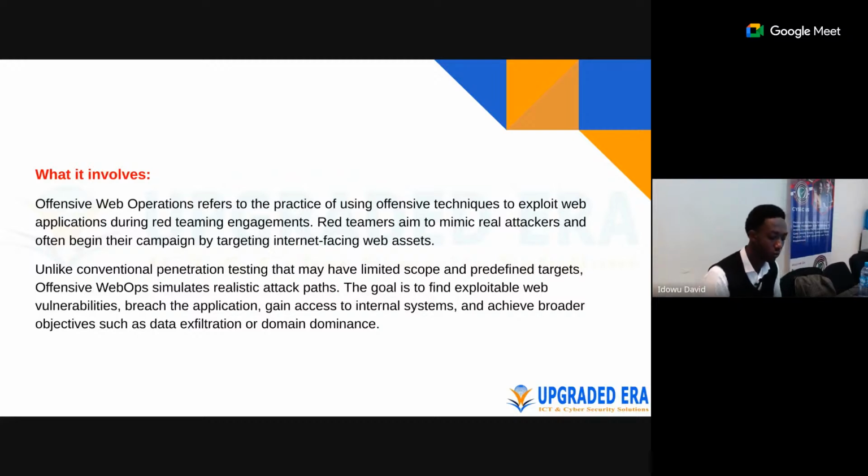Before the exploitation of an infrastructure or a system, the majority of them have web assets that are public-facing or accessible. Red teamers often want to start their process from there. If they can compromise the web assets, they can get a number of pieces of information that can be used to compromise the whole system.